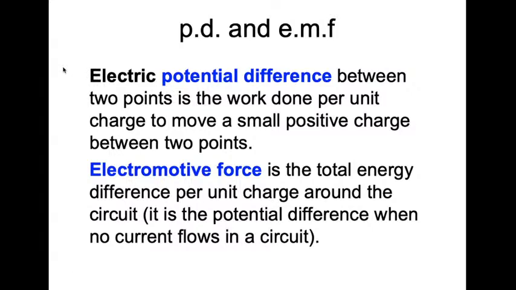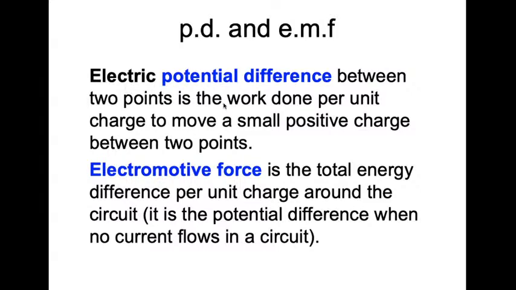Okay, and I did say there would be some explanation of the difference between potential difference and electromotive force. Here's all you really need to know, and again, don't spend tons of time pulling hairs over this. This is just one of the weird little intricacies of the curriculum that you do need to have some awareness of. So a potential difference is between 2 points where work is being done, right?